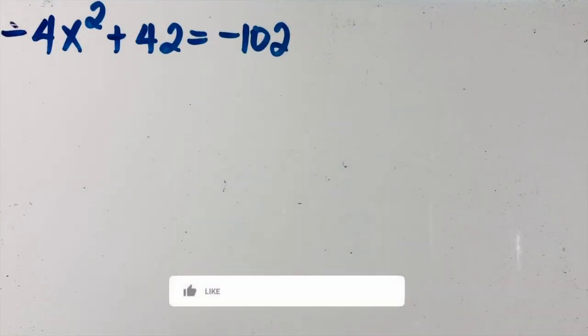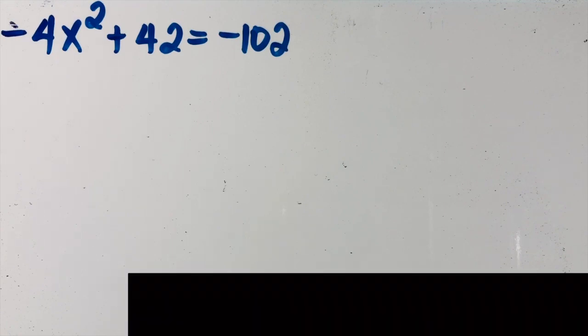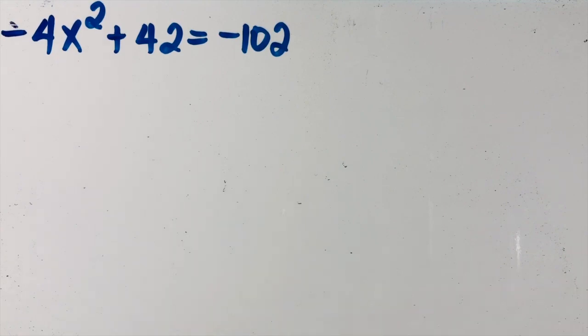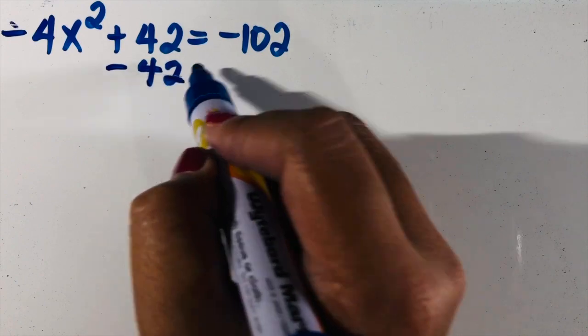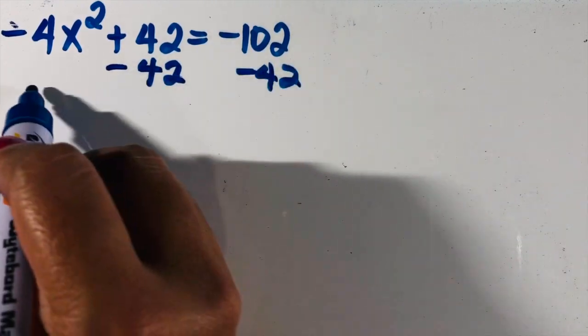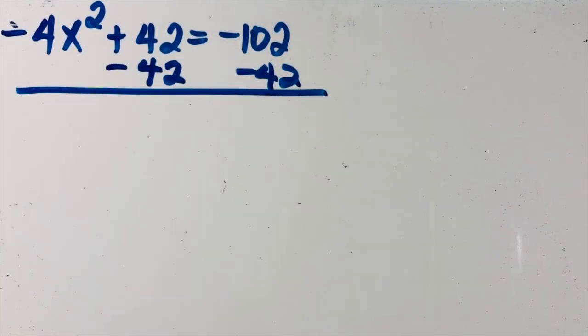And for our last example, negative 4x squared plus 42 equals negative 102. So, let us follow step 1. Isolate the squared variable on the left side. So, we need to eliminate this by subtracting 42 on both sides.